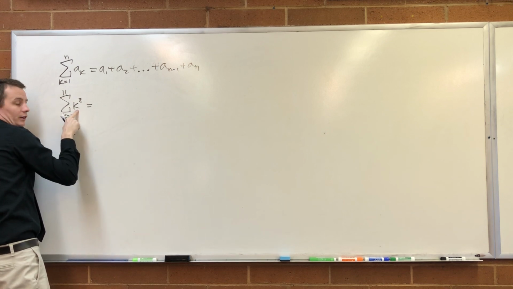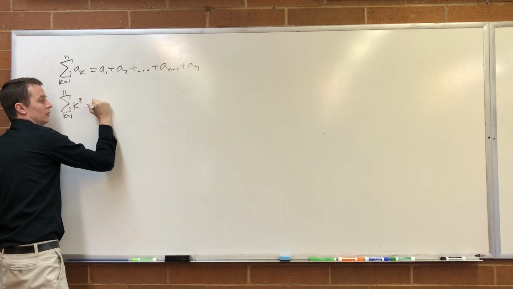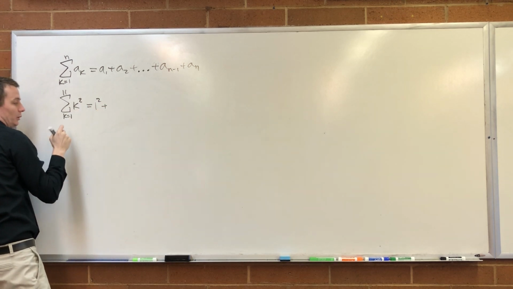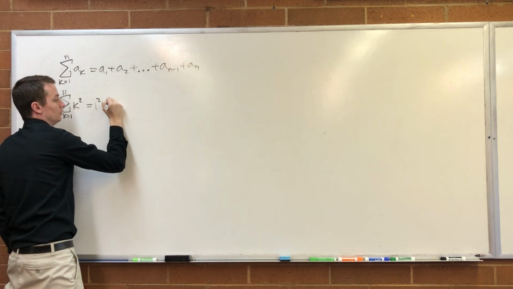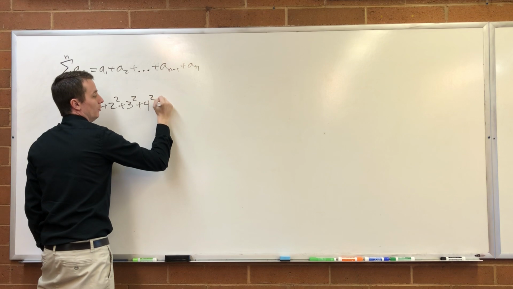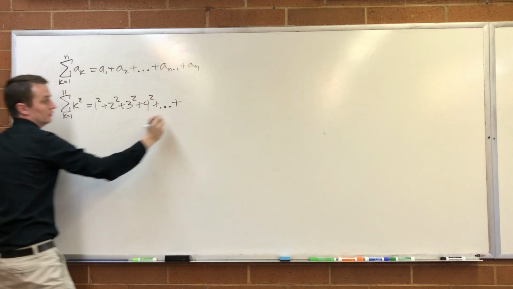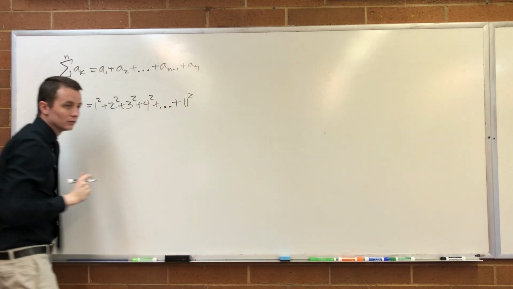When I plug in 1 for k, I get 1 squared. Then plus 2 squared, plus 3 squared, plus 4 squared, and I keep going, and I stop once I reach the top number, 11 squared.